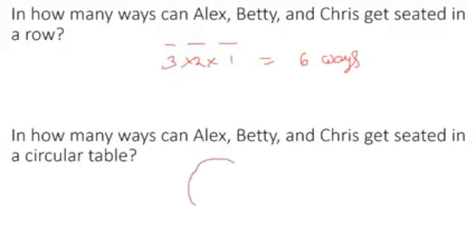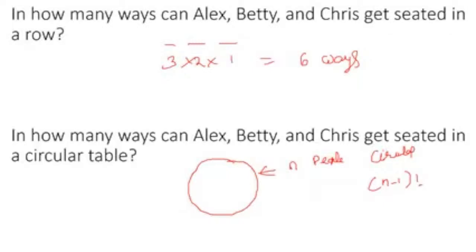Guys, remember when I need to arrange n people in circular order, the number of ways of arranging is how much here? (n minus 1) factorial ways.